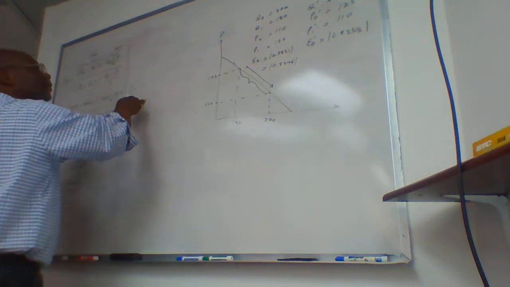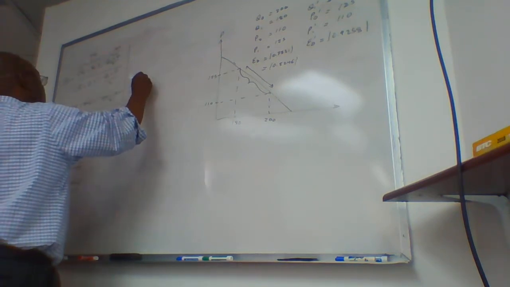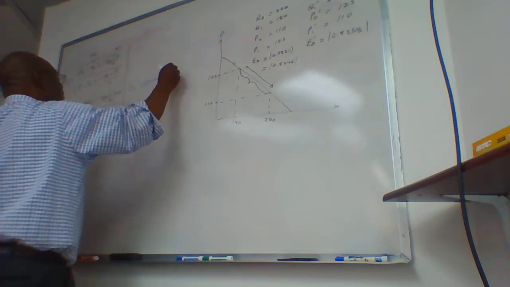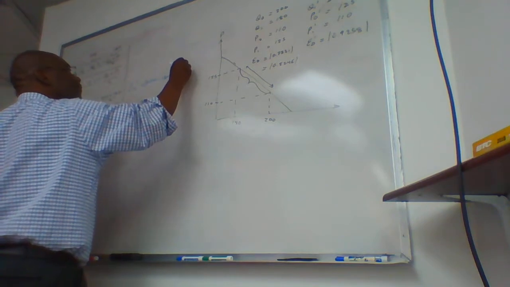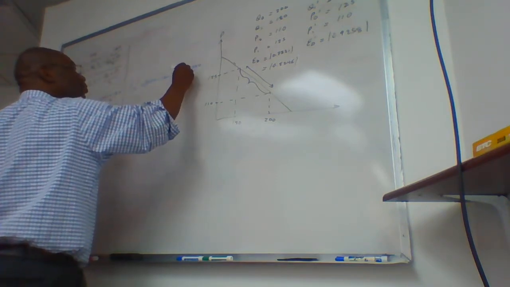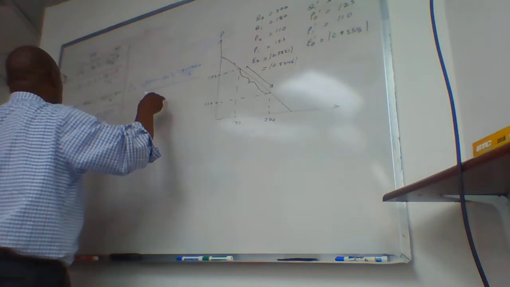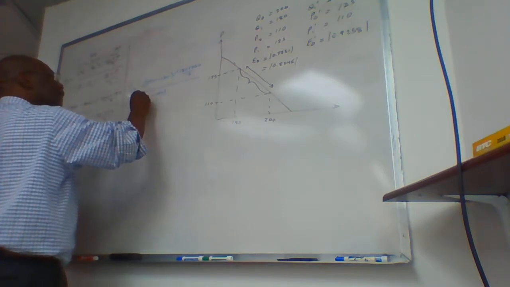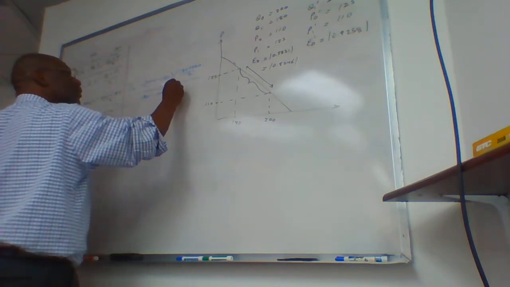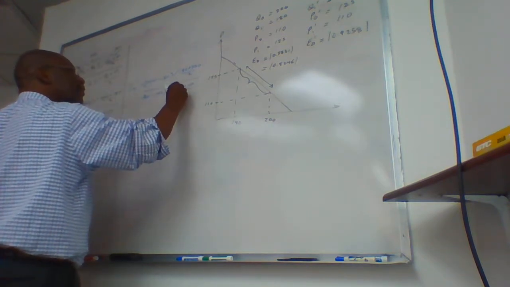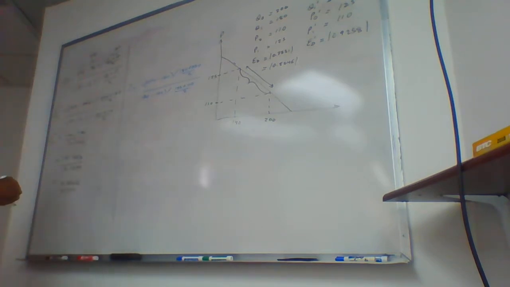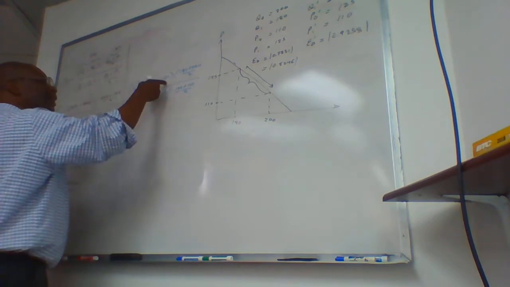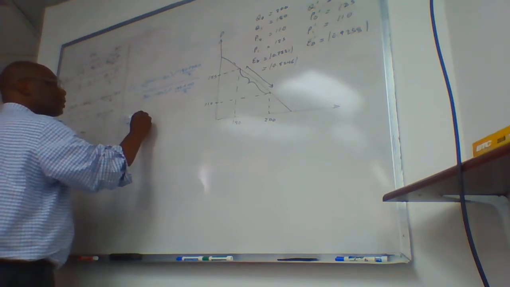ED1. 200 minus 180, divided by 180 plus 200 over 2, all over 110 minus 125 divided by 125 plus 110 over 2. All right. So ED1, 200 minus 180 is 20.